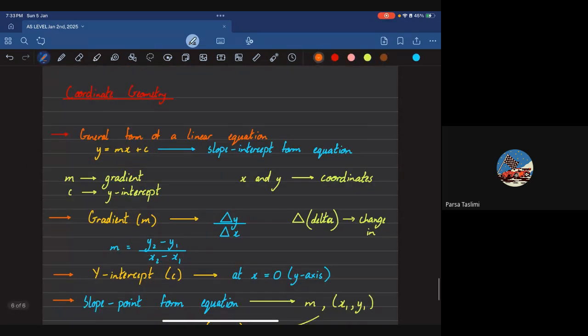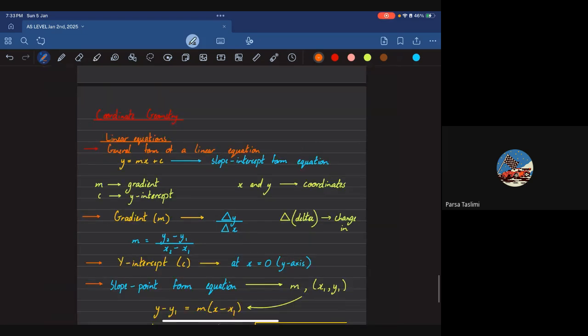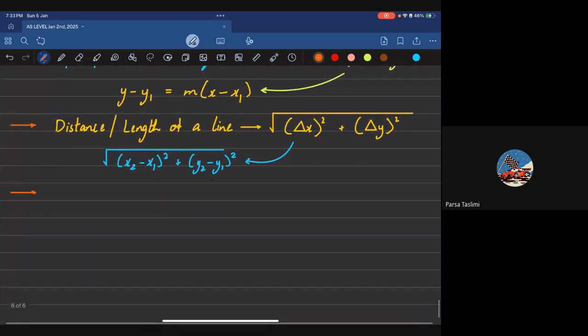So this is entirely for linear equations. If you're doing linear equations, the distance of a line, the length of the line, is found by that formula.